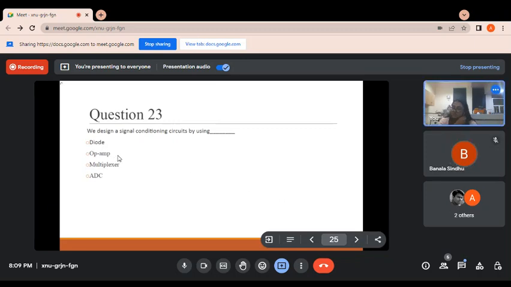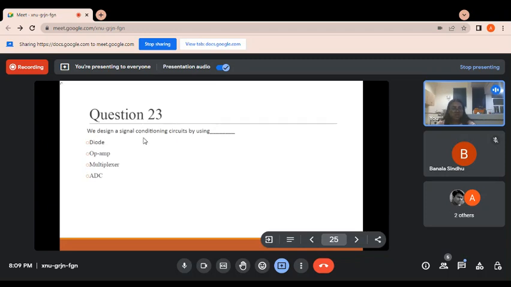If we want to interface a temperature sensor to an ADC, in that case we need signal conditioning. Signal conditioning increases the accuracy of the output, and it also increases the resolution. That's why the temperature sensor is connected to signal conditioning and then signal conditioning to the ADC.